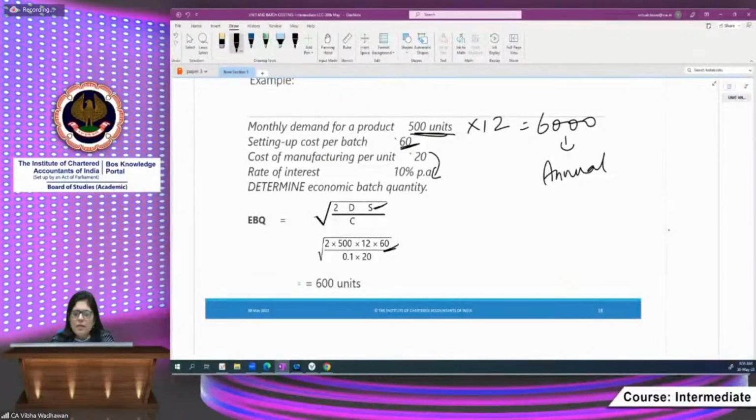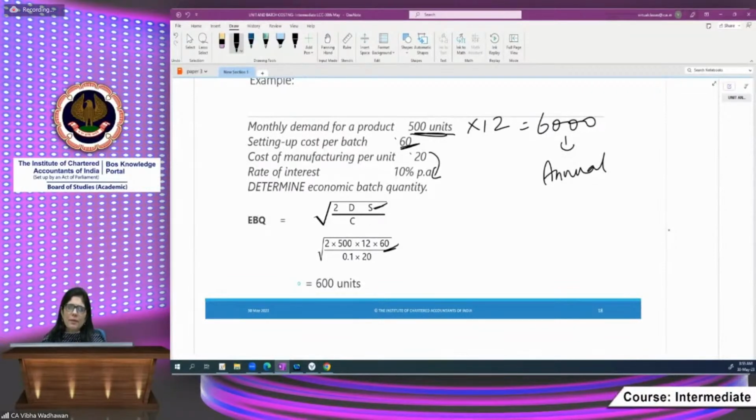So it will be 10% of 20, so it will be 2 rupees. 2 rupees per unit per annum. That means if I store 1 unit for the entire year, the cost will be 2 rupees per unit per annum. What does this mean? If I store 1 unit throughout the year, what will be the carrying cost or storage cost of that particular unit?